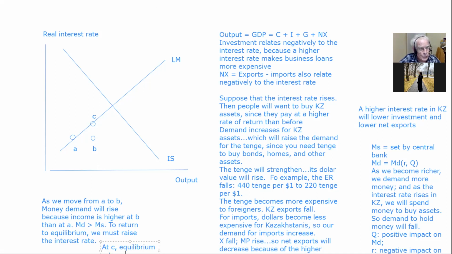Okay, so here's one for you to try. Suppose that we begin at point D on the LM schedule, and then for some reason we have a rise in the interest rate, so that we are moving to point E. Okay, so what happens now at E?